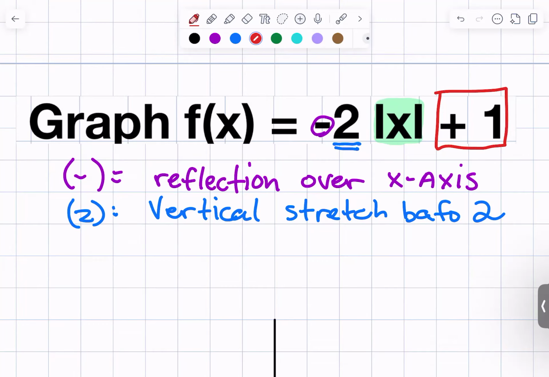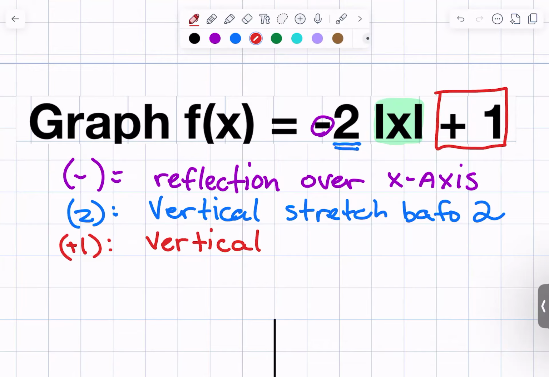And then the plus 1 is on the outside, right? We're adding and it's on the outside. What does that tell me? It's a vertical shift. Right? And since it's vertical, we're going to go with our gut.